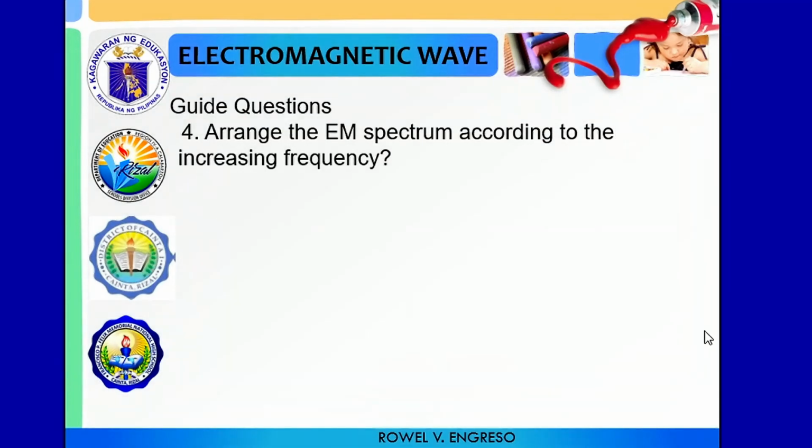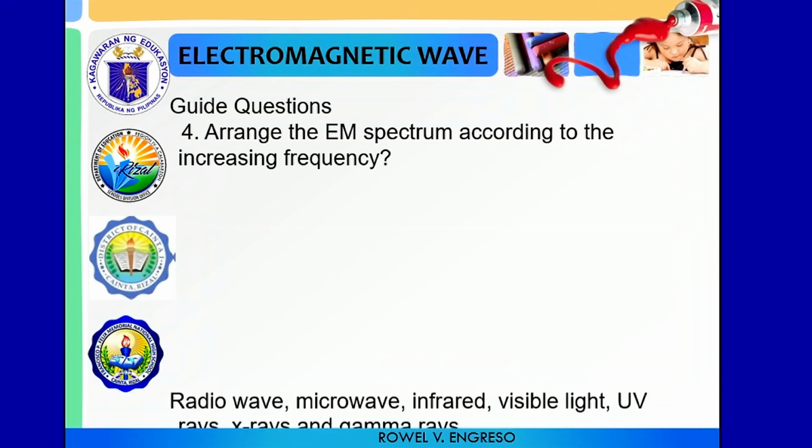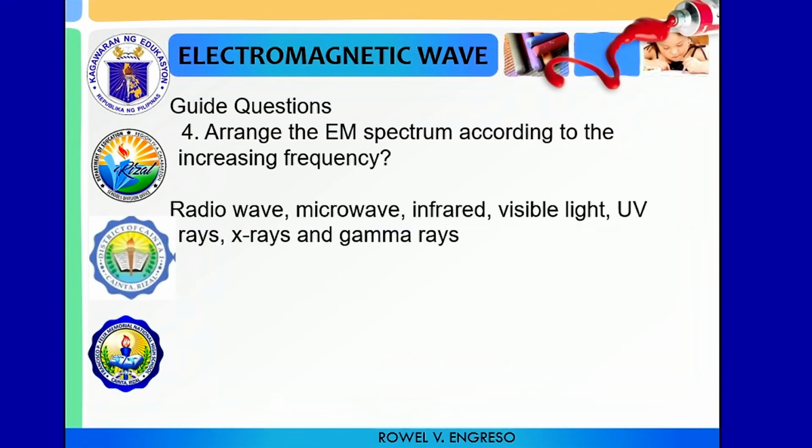Number 4, arrange the electromagnetic spectrum according to the increasing frequency. Okay, that is radio wave, microwave, infrared, visible light, ultraviolet rays, X-rays, and gamma rays.